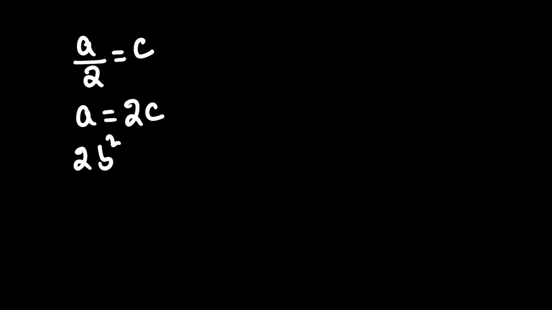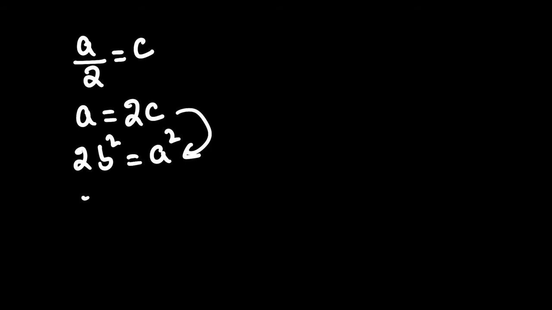So then let's take a over 2 to be equal to some integer c. Then we will have a equal to 2c. Now we know that 2b squared is equal to a squared. Let us substitute a equal to 2c for a in this equation.